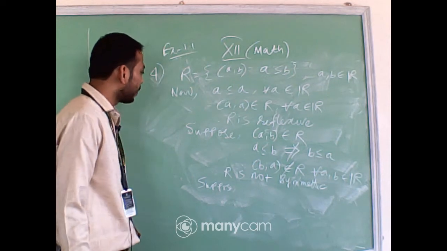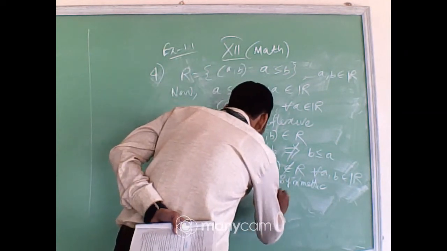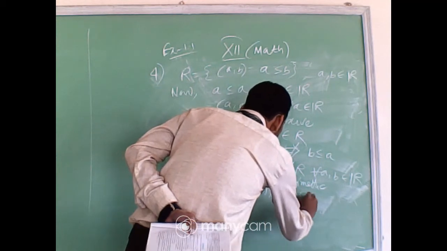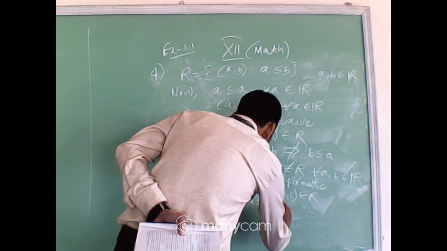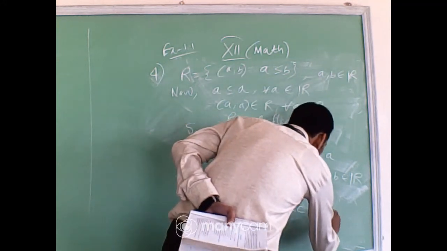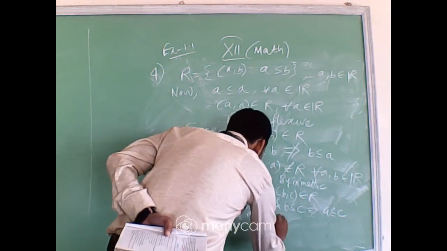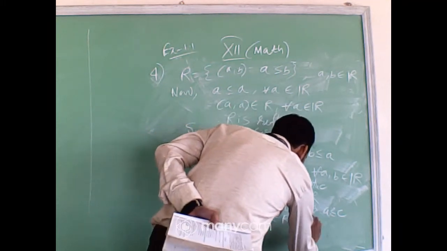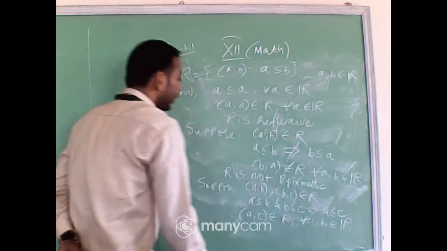Now for the transitive property, suppose (a, b) and (b, c) belong to R. Therefore a is less than or equal to b and b is less than or equal to c. Both of them imply a is less than or equal to c. Therefore (a, c) belongs to R for all a, b, c belonging to the set of all real numbers.